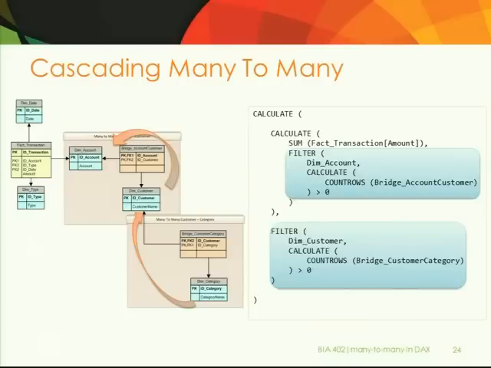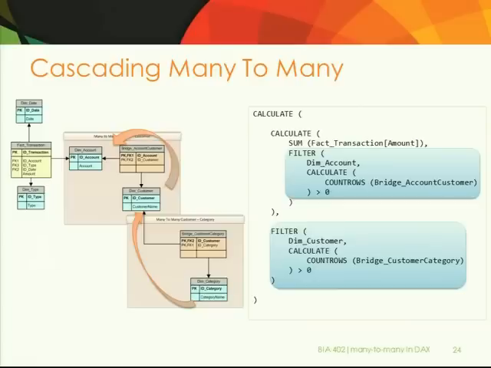This is very important. If you use calculate, sum, and then put both filters at the same level, they will get computed in parallel. They will not interact with each other, and the formula will not work. You have to start from the farthest table, put the filter from dim category, and push it to dim customers.